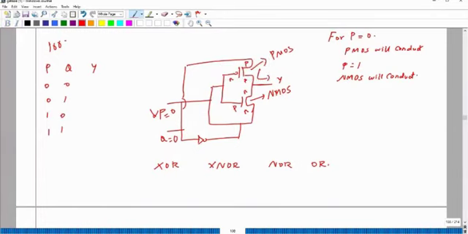So in DRAM, what does DRAM mean? Dynamic random access memory. Okay, or random access memory.